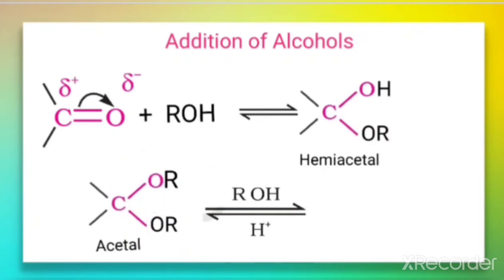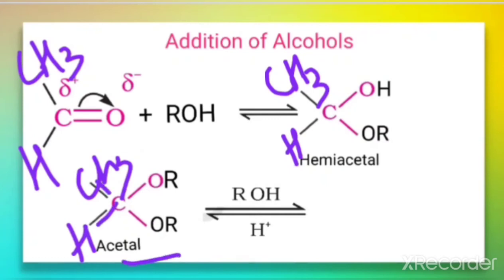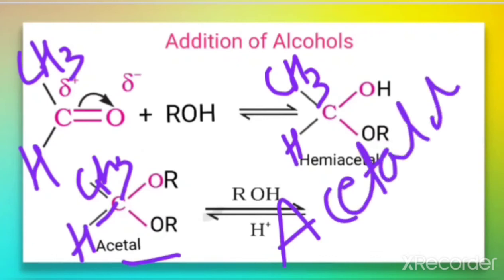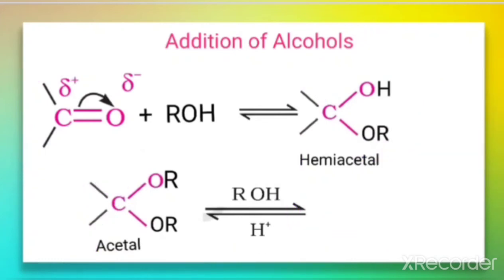Now when we write an example, for example if our aldehyde is acetaldehyde, the same thing you have to write, just keep a CH3 and H on this side. You can see this one is called acetaldehyde acetal. Commonly we call it acetal, but since we are starting with an aldehyde, acetaldehyde, its name will be acetaldehyde acetal.